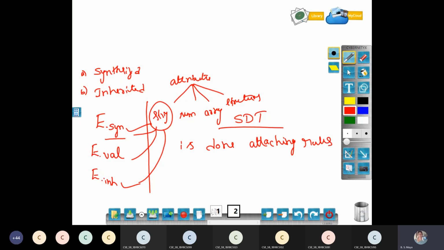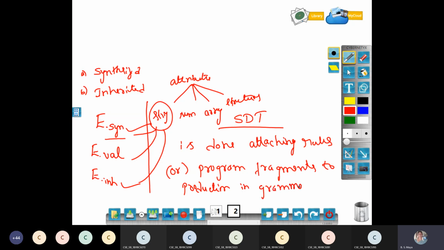I am attaching the rules, or program fragments, to the productions in a grammar. It is called syntax directed translation.